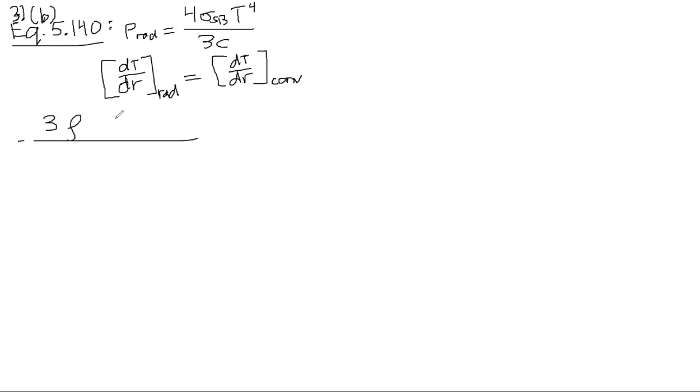3 rho kappa R, so kappa is an opacity, the R stands for Rosseland, so it's the Rosseland mean opacity, just a type of average opacity of the star. You can think of it that way. And I'm just copying this down, sigma T cubed, pi R cubed.